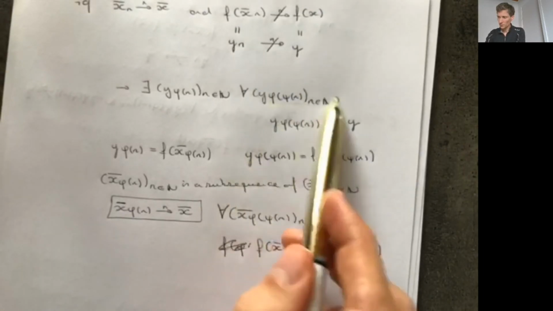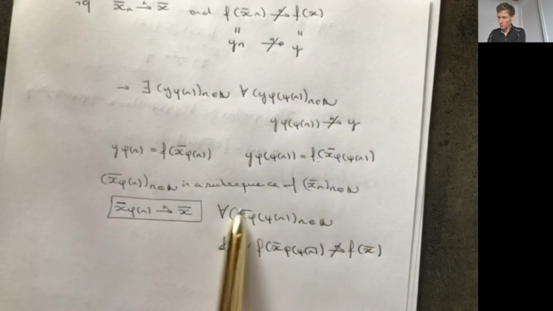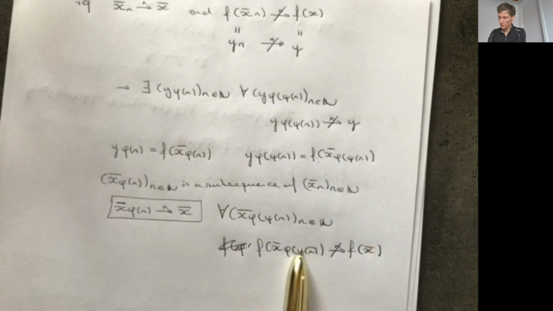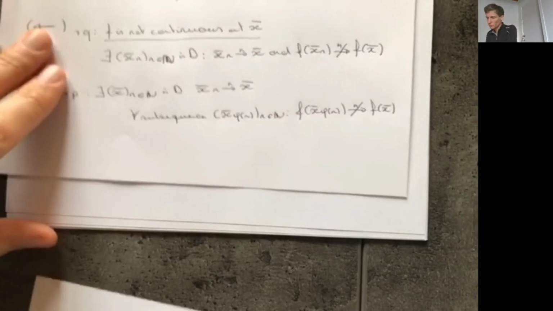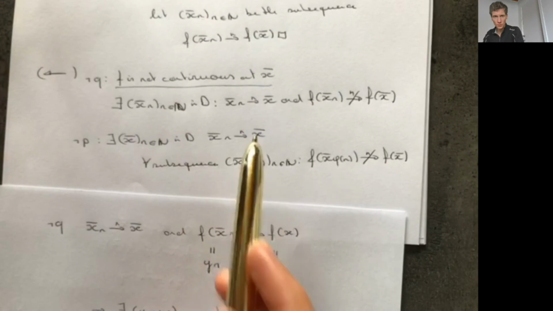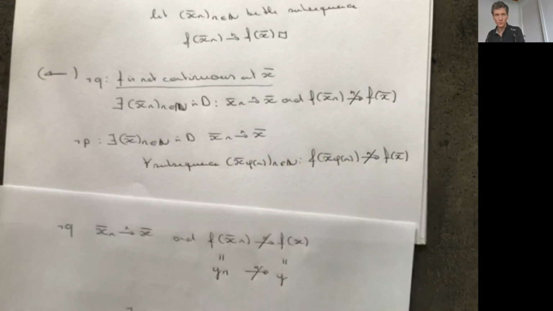So here, going over all the subsequences of y is more or less equivalent to going over all the subsequences of the sequence here. And then we see that f along this subsequence does not converge to f of x. Okay. So if we go back to what we actually wanted to show, is that we can find a sequence in D that converges to x such that along every subsequence, f along the subsequence does not converge to f of x.